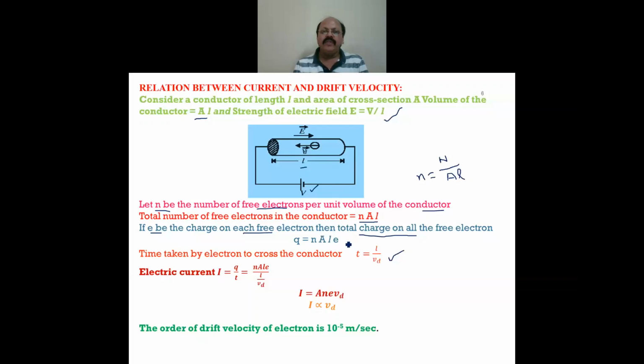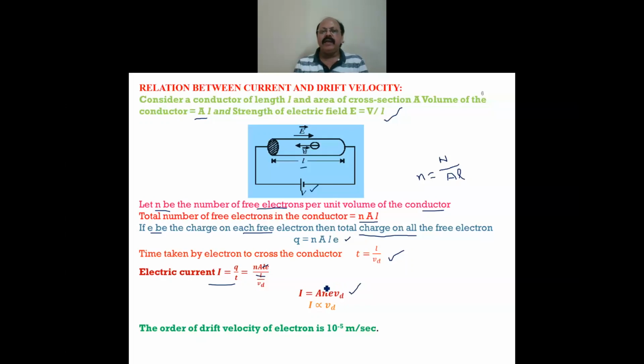Now you have total charge, you have time, then the electric current I is equal to Q upon t. Substitute the values of Q and t, nALe upon L upon Vd. This L and this L get cancelled. Finally, you will get I is equal to nAeVd.